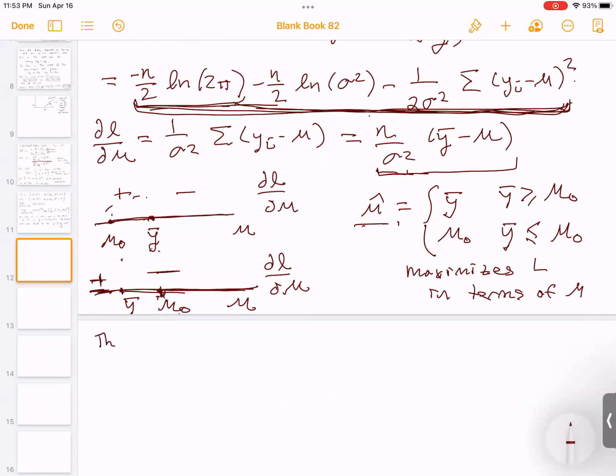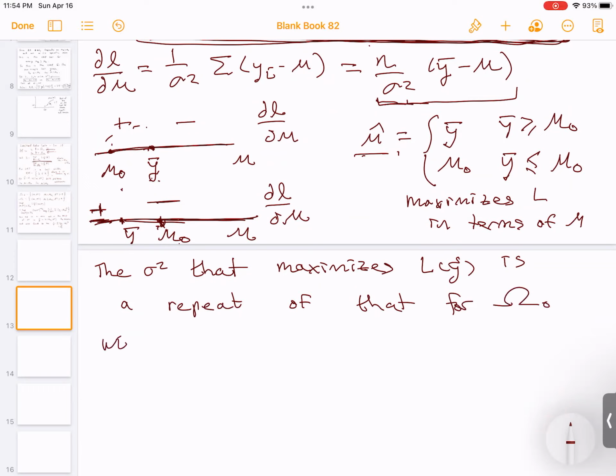So the sigma squared that maximizes L is just a repeat of the mu 0 case, with mu 0 replaced by mu hat.